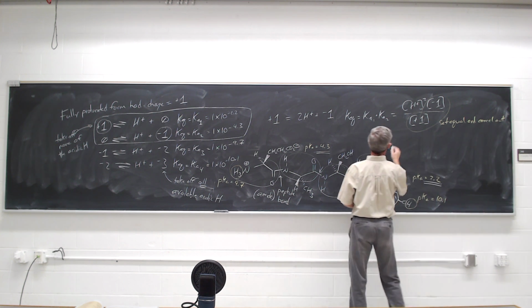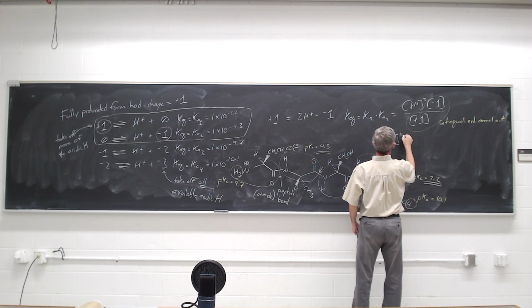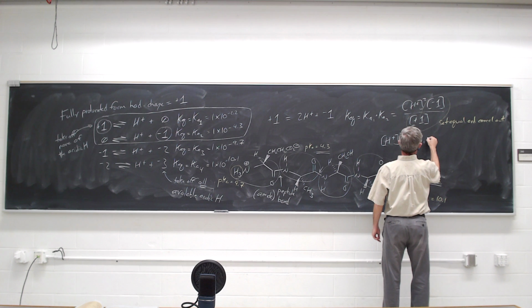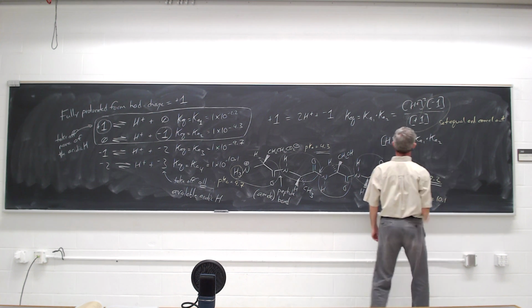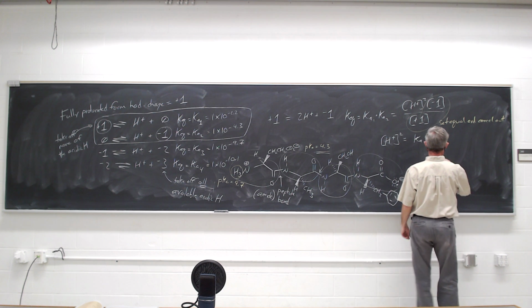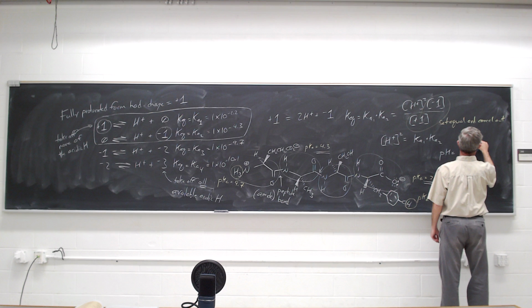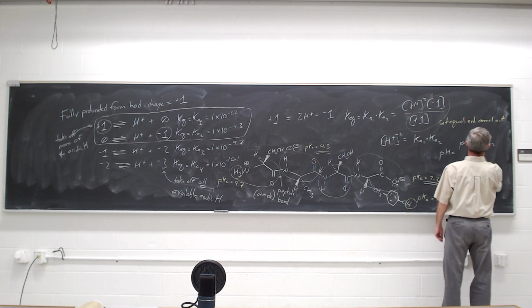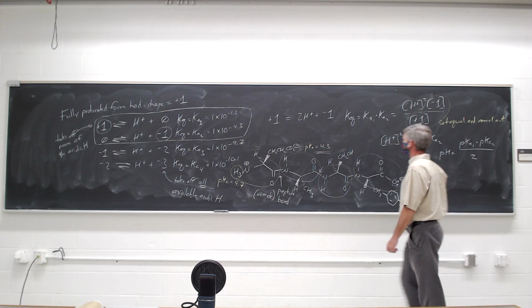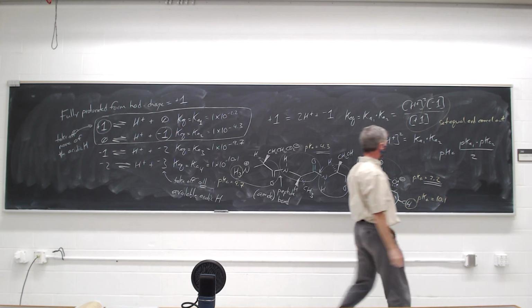Which means that my hydrogen ion concentration squared is equal to Ka1 times Ka2. And if I take the minus log of both sides and rearrange it, pH is equal to pKa1 plus pKa2 over 2. Which means 2.2 plus 4.3 over 2.